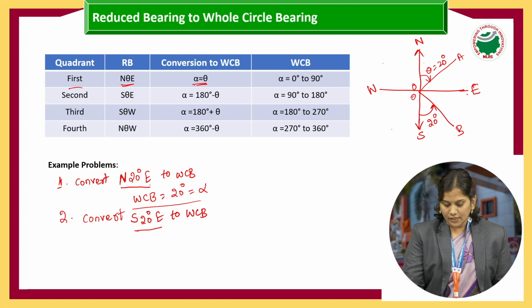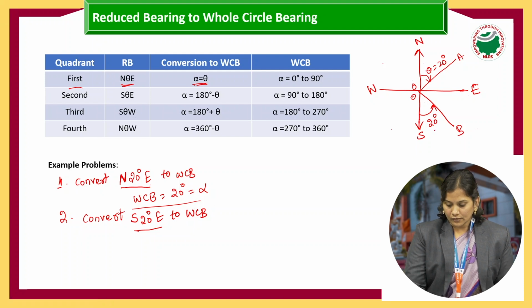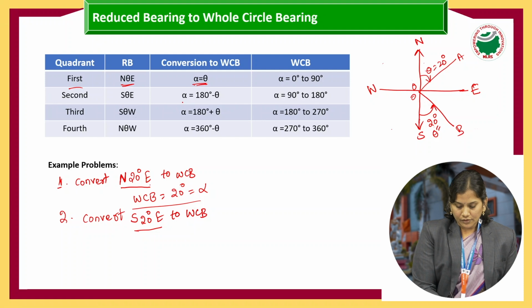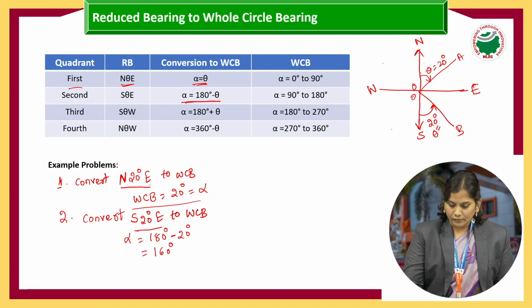South 20 degrees east, 20 degrees is the theta value. Now convert this reduced bearing to whole circle bearing. Alpha equals 180 degrees minus theta, that is 180 degrees minus 20 degrees, which is 160 degrees.